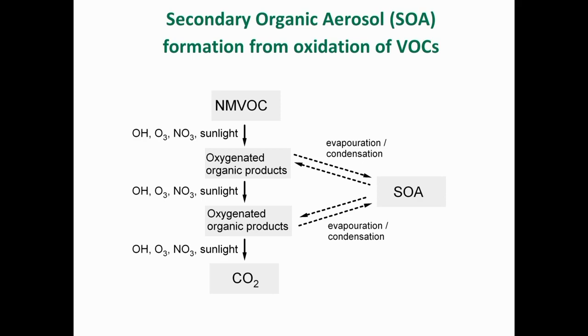If they're in the coarse mode, where do you think the primary organics are mainly from? Fungi, biological particles, pollen, spores, these sorts of things. If they're in the finest modes, where are they from? Combustion, if you call those primary. Lots of polycyclic aromatics and these sorts of things.